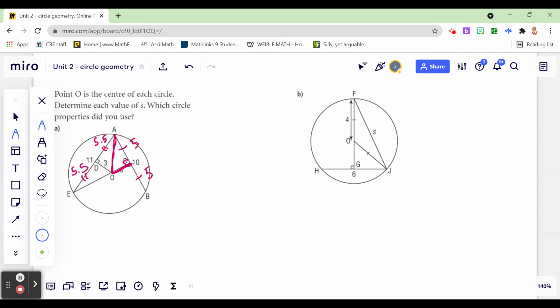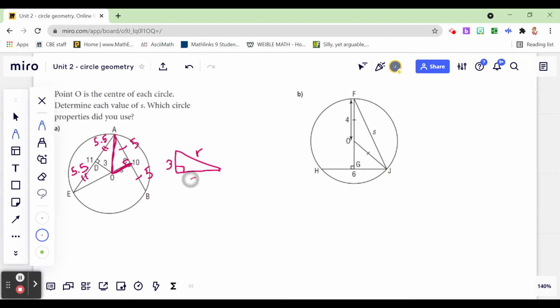Now, I notice that this one here is connected to this triangle, and in this triangle, I do have two known sides. So I'm going to draw this out here just so that it's easier to see. I know that this short side is a 3. My hypotenuse, which is across from the right angle, is my radius that I do not know yet.